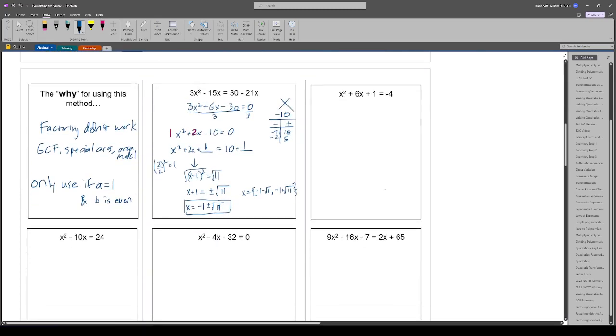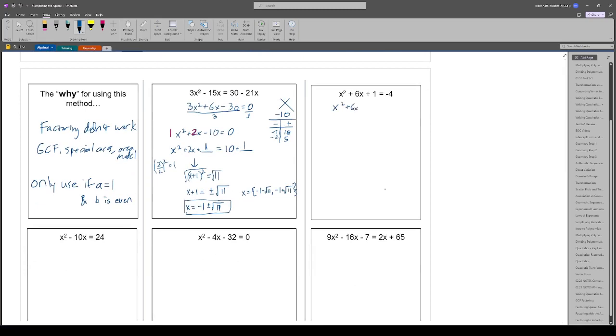All right, the next one, we have x squared plus 6x plus 5 is equal to 0. Checking my factors, I have 5, and these are both positive. So 1 and 5 do add up to 6, so I should solve this by factoring. But let's pretend that it's slightly different and just take this 1 away.